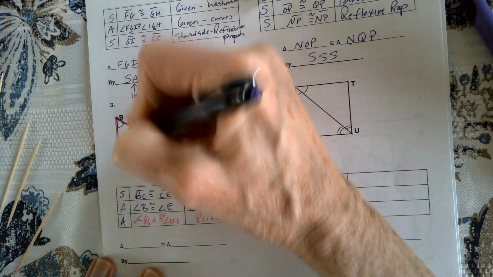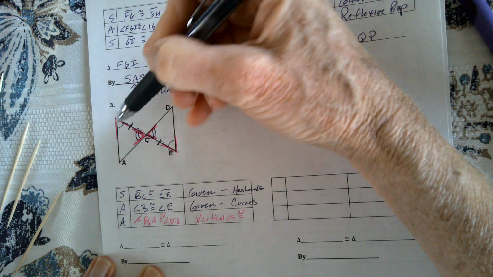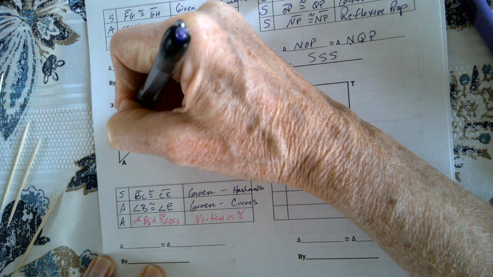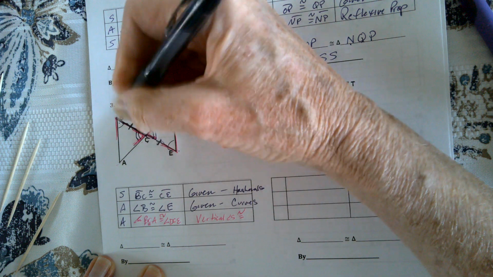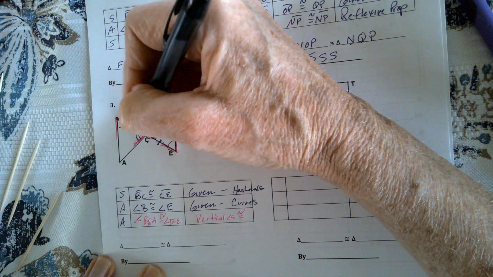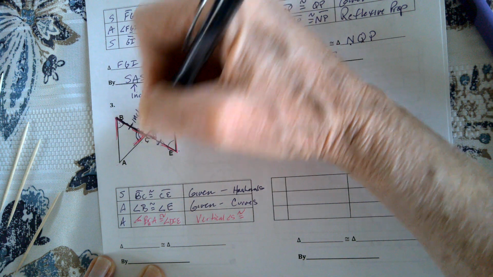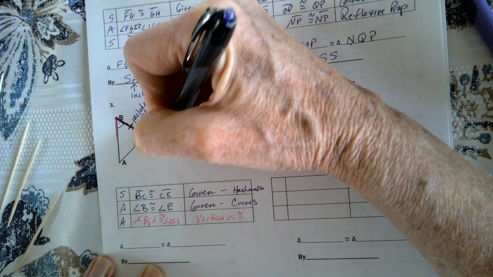Now when you look at this, I'm going to mark it with two curves. This side is called the included side because both angles sit on this side. Both angles are adjacent to this side. It is the side between the two angles. Same thing here: angle, side, angle.